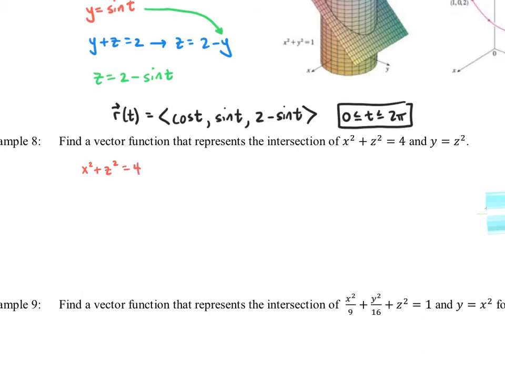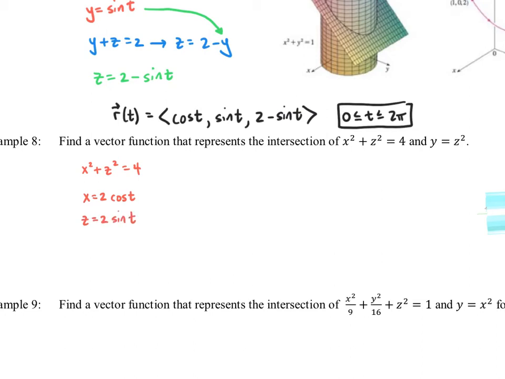We have an equation that looks as though it's in this trig identity form. The whole idea of sine squared of t plus cosine squared of t is equal to a value like that, except in this case, remember the radius is 2. So we're going to let x be 2 times cosine t, and we're going to let z be 2 times sine of t.